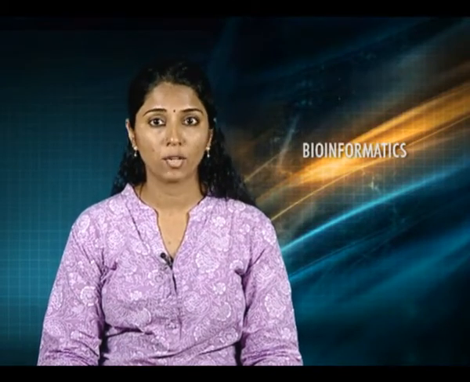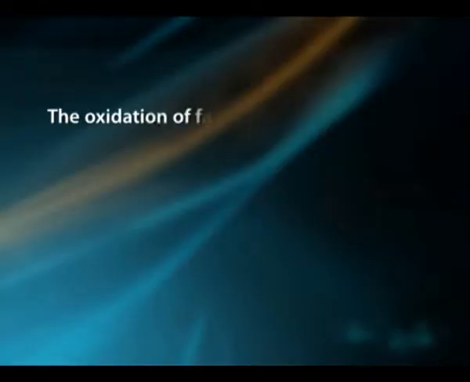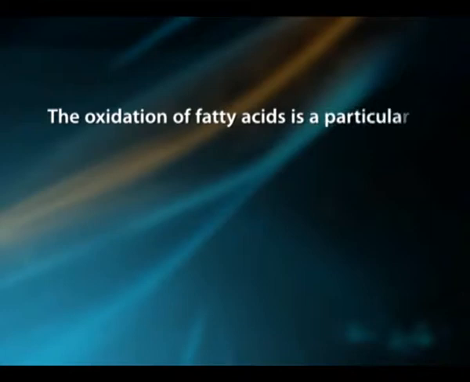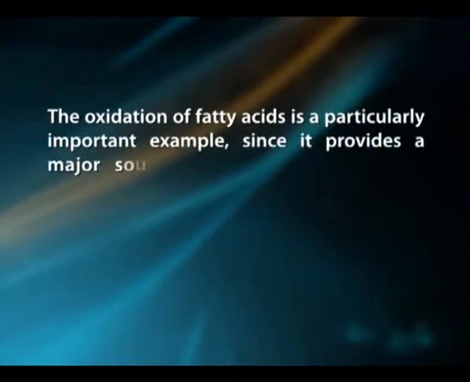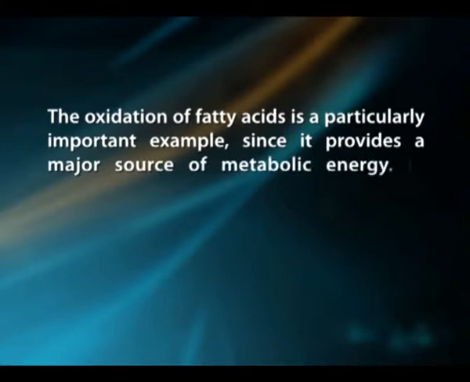A variety of substrates are broken down by such oxidative reactions in peroxisomes, including uric acid, amino acids and fatty acids. The oxidation of fatty acids is a particularly important example since it provides a major source of metabolic energy.